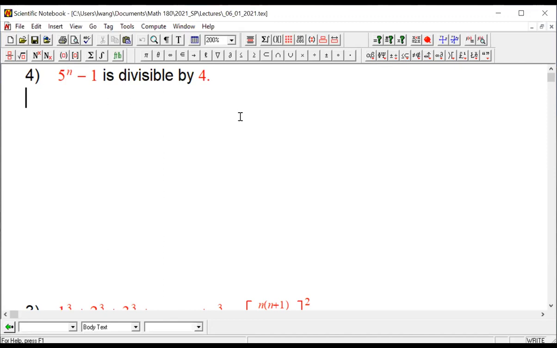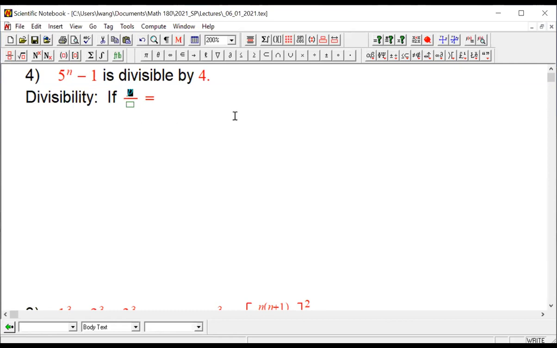So I'm going to give you a formal definition of divisibility. If one quantity is divided by another, I'm trying to think about different symbols.